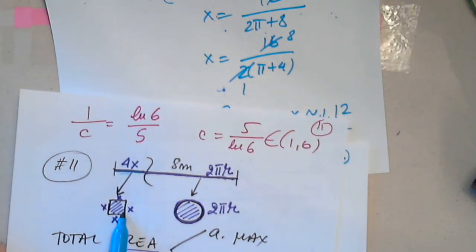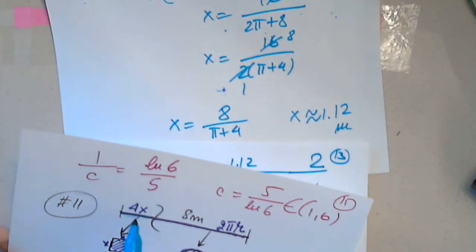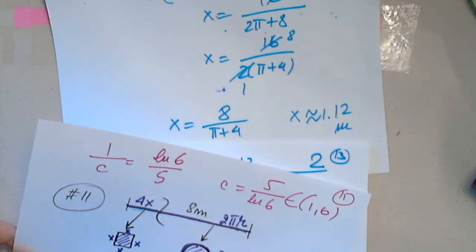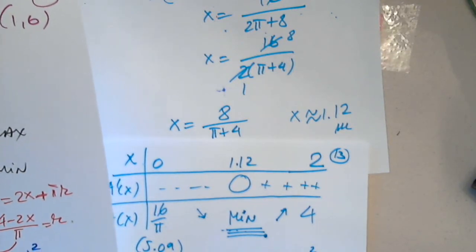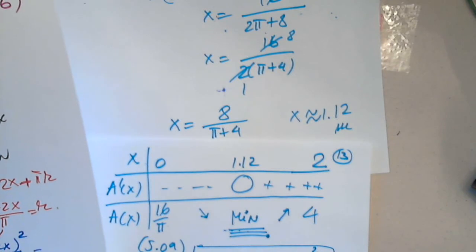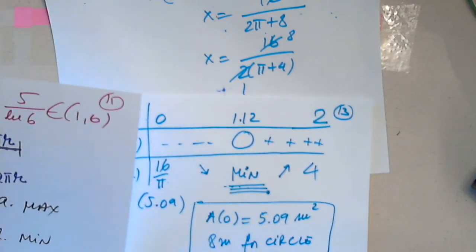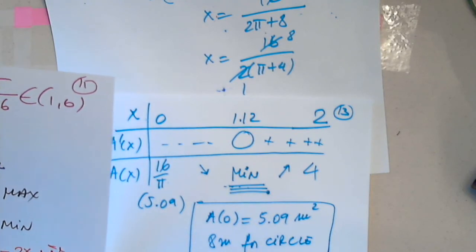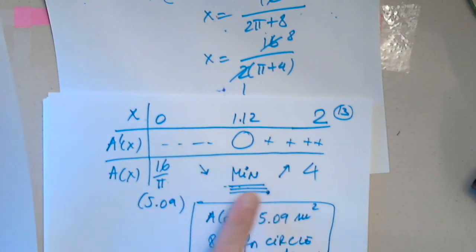And that means that we use only the entire 8 meters for the circle. So 8 meters for circle. And that is the absolute maximum, according to this.